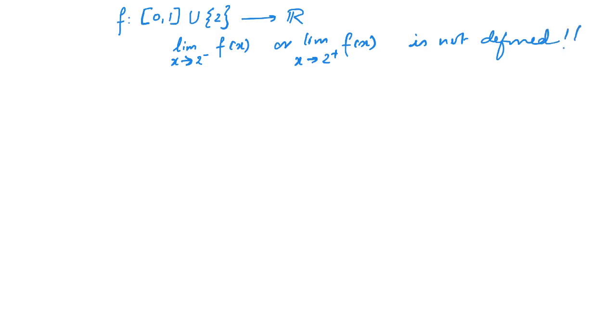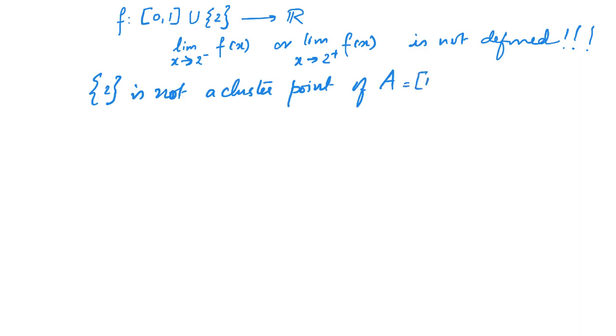So what can we do in such a case? The problem here is that 2 is not a cluster point of A, which is equal to [0, 1] union {2}.